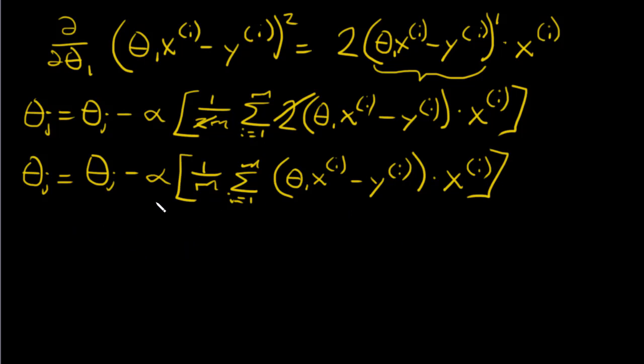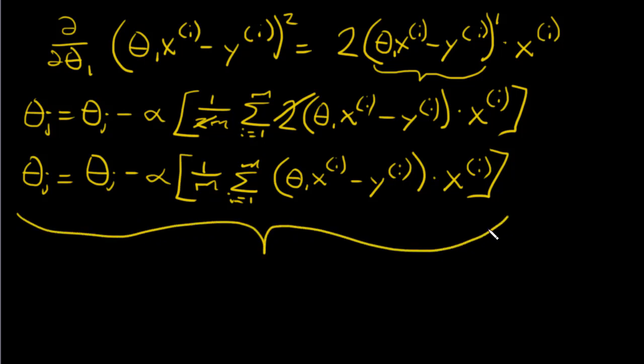This is our new algorithm for gradient descent. And so when we are inputting it into the computer code, it is going to look identical to this expression right here. It's just it will be with lots of nice variables and everything else.